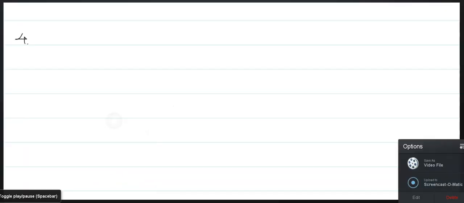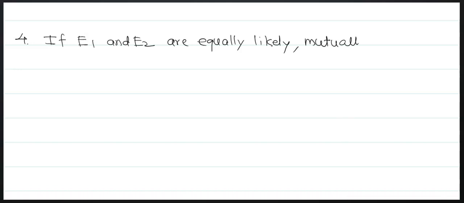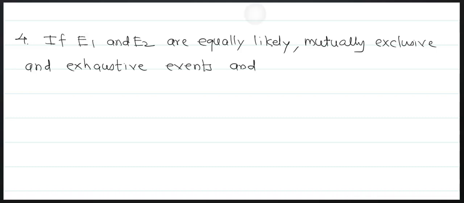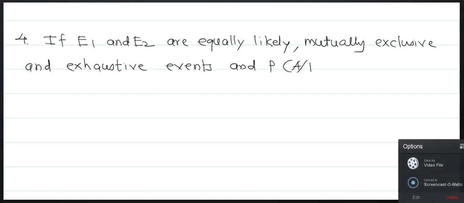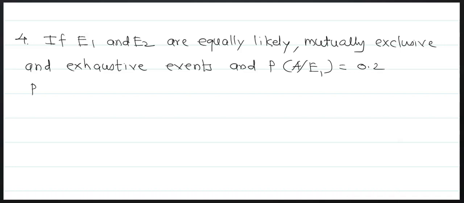Now the fourth problem. If E1 and E2 are equally likely, mutually exclusive and exhaustive events, then probability of E1 is equal to probability of E2 is equal to 1 upon 2. Probability of A conditional E1 is equal to 0.2.